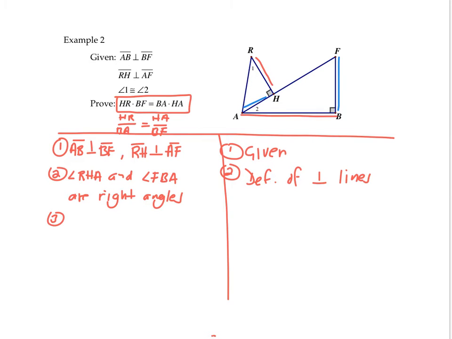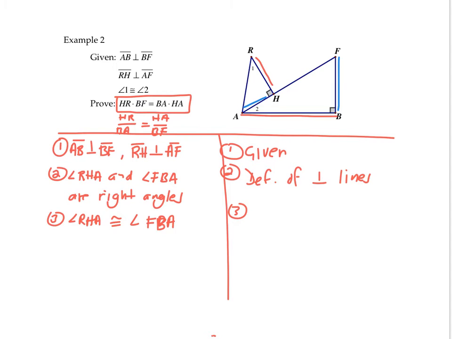Okay, in step 3, we're going to go ahead and say that angle RHA is congruent to angle FBA. Now, in some textbooks, they would have you say first that each of those angles has a measure of 90 degrees, and then you could say that they're congruent because of the definition of congruent angles. They have the same measure.